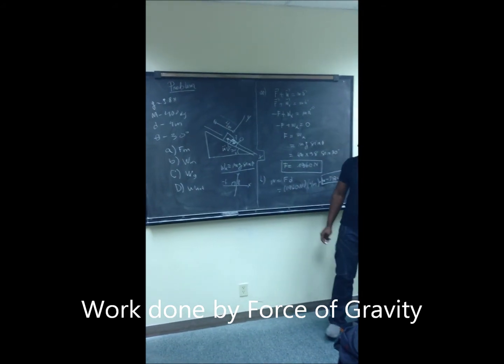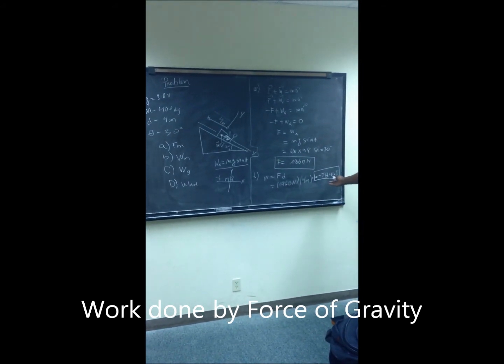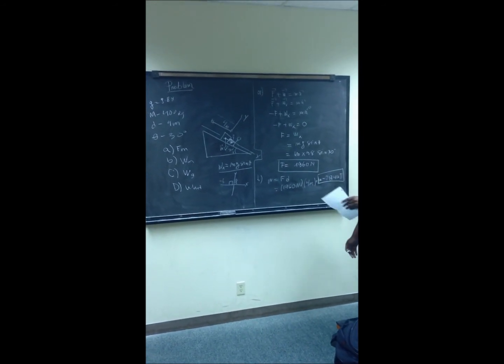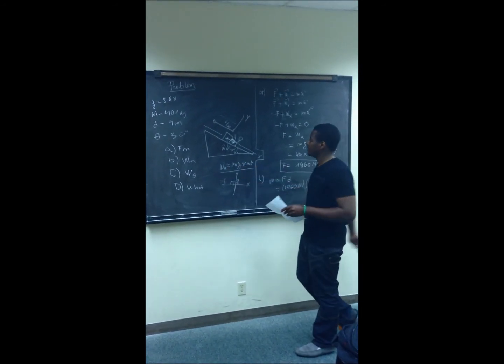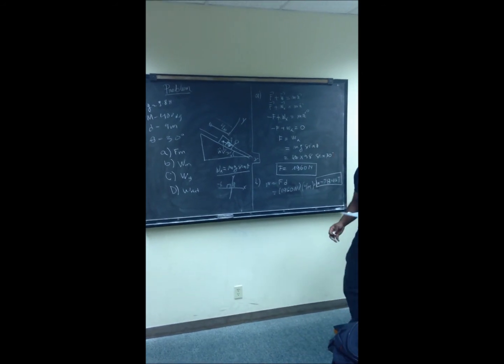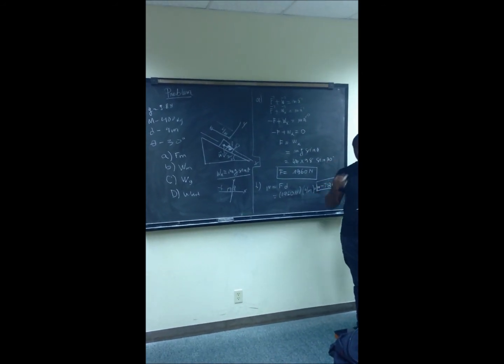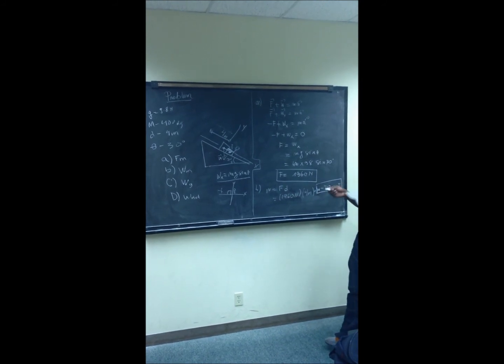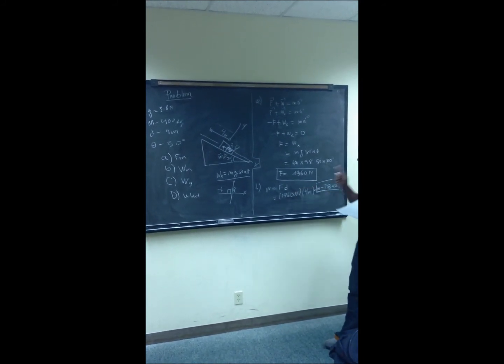While John found out the work done by the man, I'm going to find out the work done by gravity. Actually, by convention, in our case here, the work done by gravity is going to be the negative of the work done by the man.